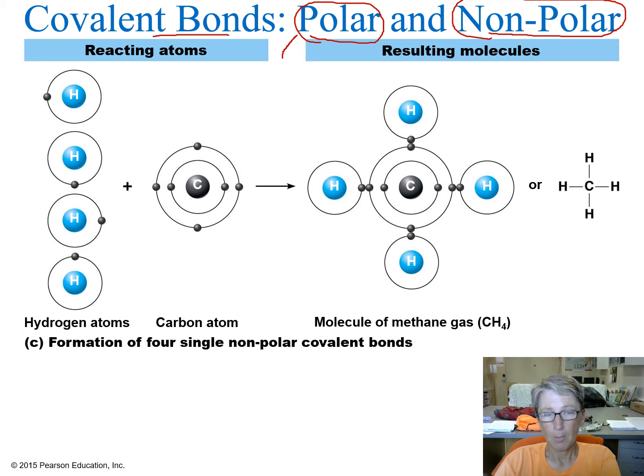So carbon is a really good sharer. Carbon is what our life forms on this planet are based on. Carbon is a great sharer. And so when it shares its electrons, it will form 4 single non-polar covalent bonds. So non-polar means equal sharing. It's kind of weird that it's that way, but that's what it's called.